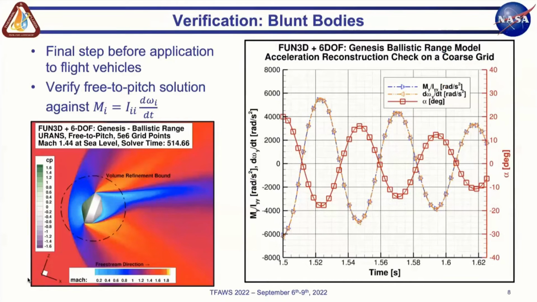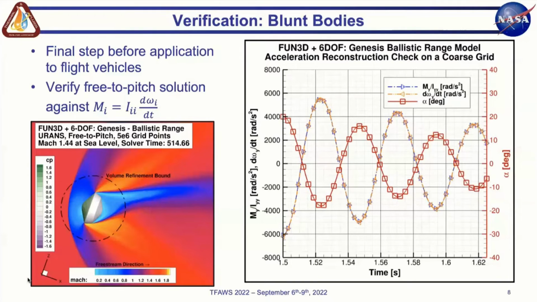And so finally, the last verification case before moving to applications is moving to three-dimensional blunt bodies. In this case, it's being run on the Genesis ballistic range model from those same cases that I mentioned previously, at Mach 1.44 and sea level.